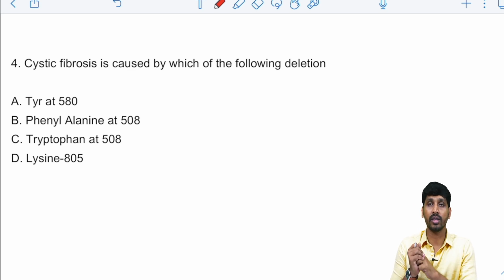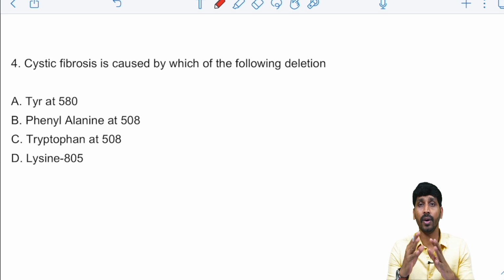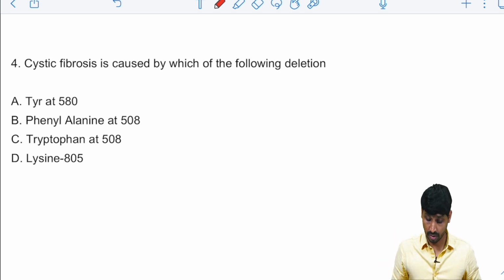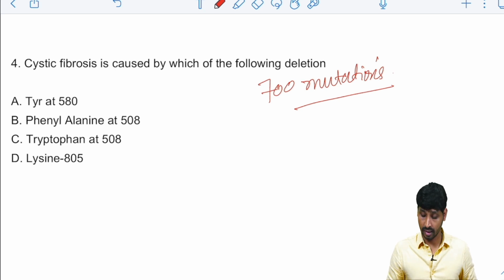Cystic fibrosis, there are 700 mutations that have been identified as a reason for cystic fibrosis. Remember that. Then which might be one of the reasons out of the options, like tyrosine deletion? This is an example of deletion mutation.